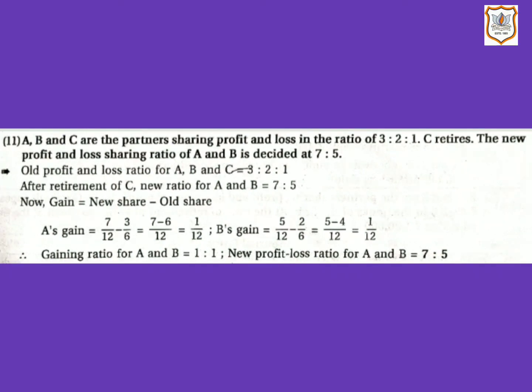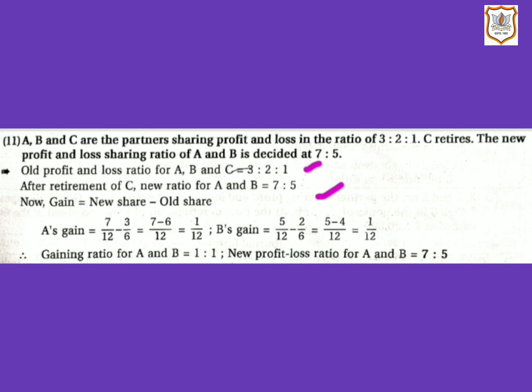So this question is very simple, as here we have been given old profit and loss sharing for A, B and C, that is 3:2:1. Then after retirement of C, new ratio is also given in the question itself, so we don't require to find out new ratio. New ratio of A and B is 7:5, as partner C has retired. Now he is not existing in the firm, so new ratio of A and B is given only.